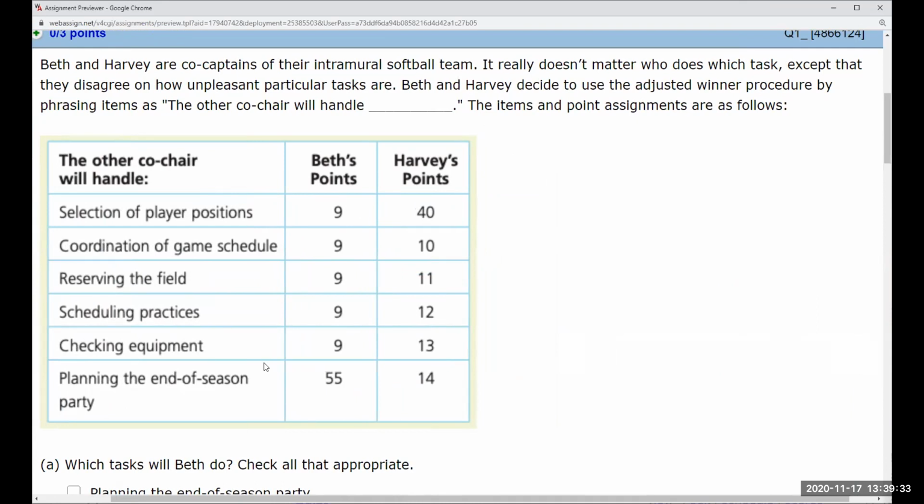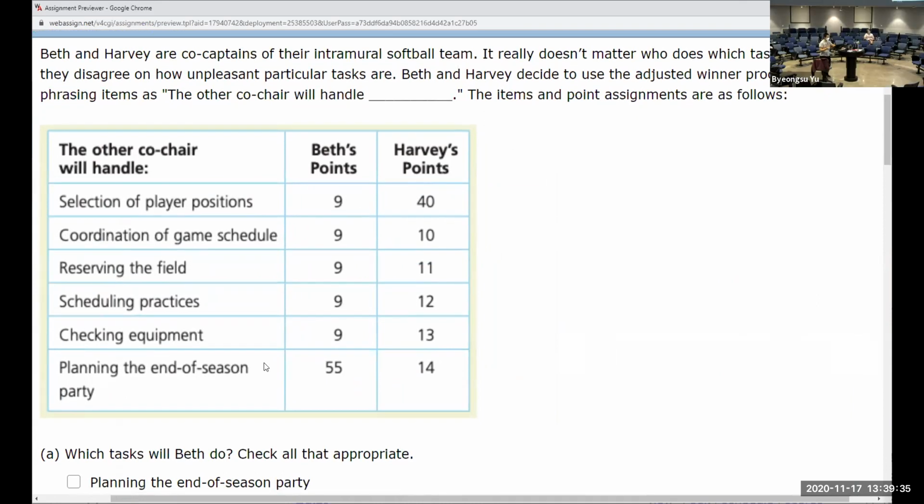So Beth and Harvey decided to use this procedure by praising items as the other coach will handle this, right? So instead of handling the job themselves, they say that if they choose some jobs, then it will be handled by the other coach. So it is kind of reversing the thinking. Instead of preference, it is kind of the unpreference, right?